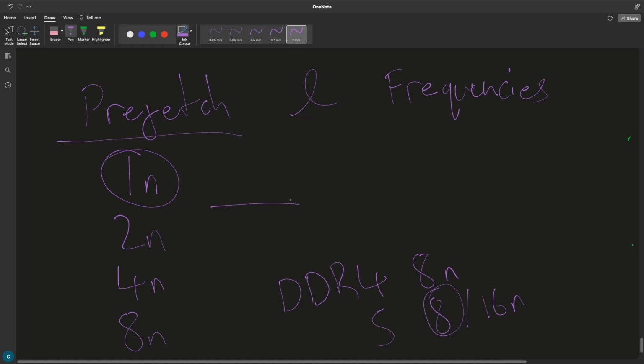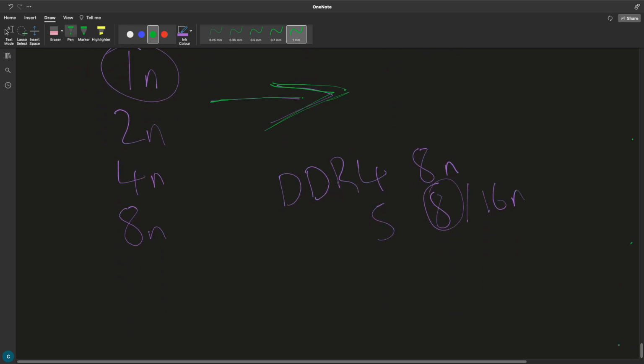So obviously the prefetch is effectively just saying, well, the more information that goes through, the quicker the calculations can be. You can get more information through, so you can do more things. And that's kind of what we've got with the frequencies, because in the same vein, we've got the frequency difference of, well, this is your bandwidth, I suppose. So the bandwidth would be the frequency.